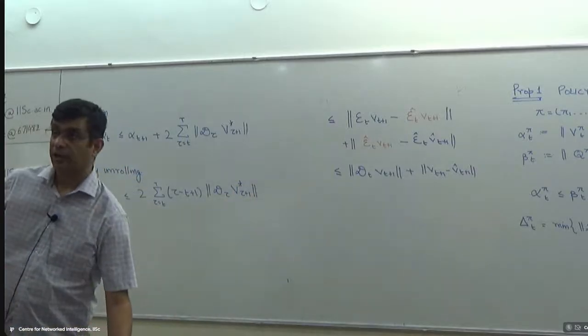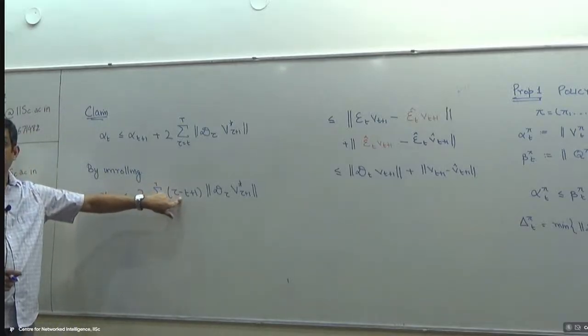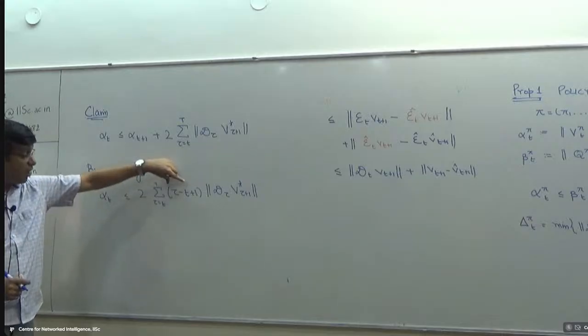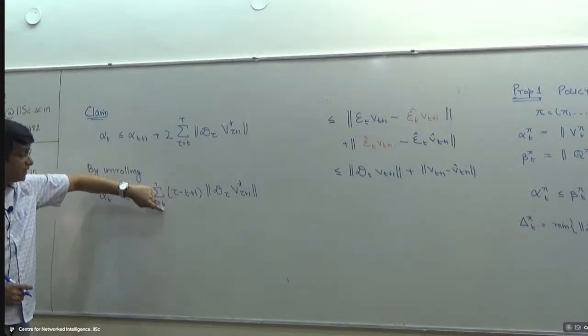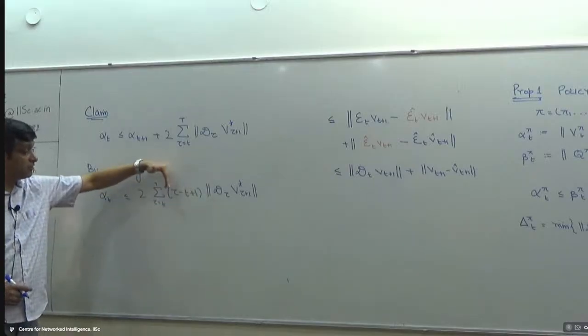So I get a linearly degraded bound. This is how far I am from time t, and I'll have the error at that step which keeps on accumulating over time.